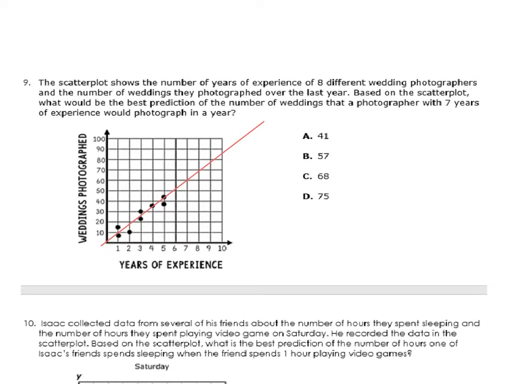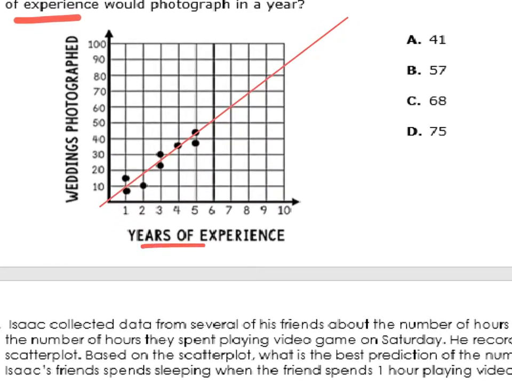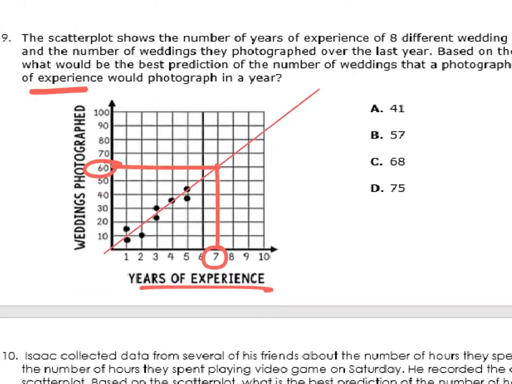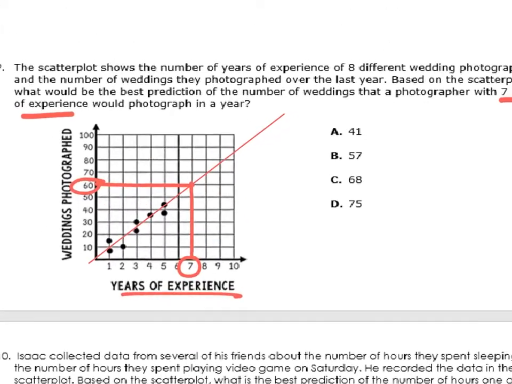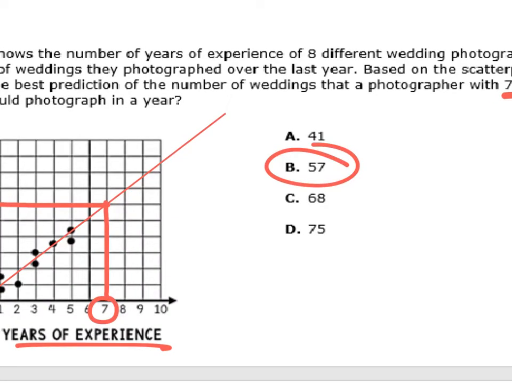But this one is asking us about 7 years of experience. So we're looking at the years of experience, which is the x-axis, 7 right here. We're going to go ahead and go up. Go over, I get about 60. So about 60 weddings. The closest one to that is B, 57.